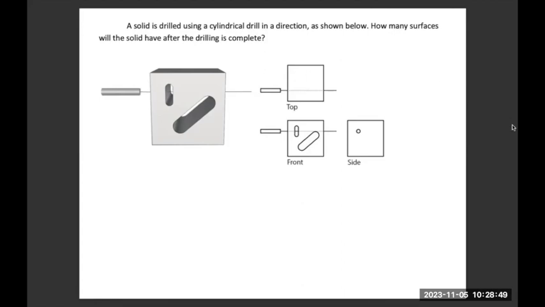Vishwa, Kavya, wrong answer. Shimoli, wrong answer. Riya, wrong answer. Kavya, Twisha, Heed, wrong answer.